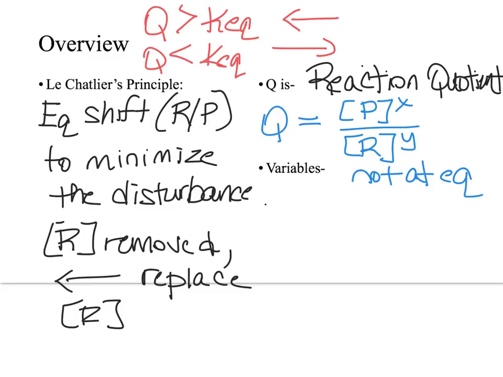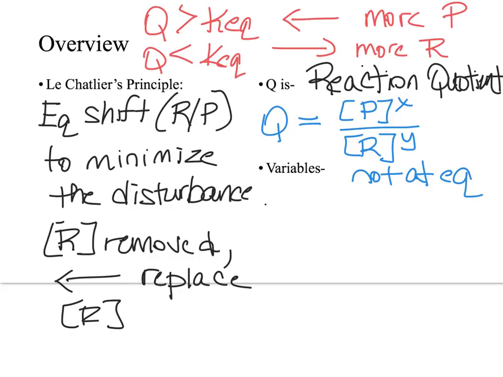So what does that mean in practical terms, which do we have more of, products or reactants? In the case where Q is greater than KEQ, it means that there are more products, and so the reaction is going to shift to make more of the reactants. Likewise, if Q is less than KEQ, that means that there are more reactants as compared to KEQ, so the reaction would shift to the right.